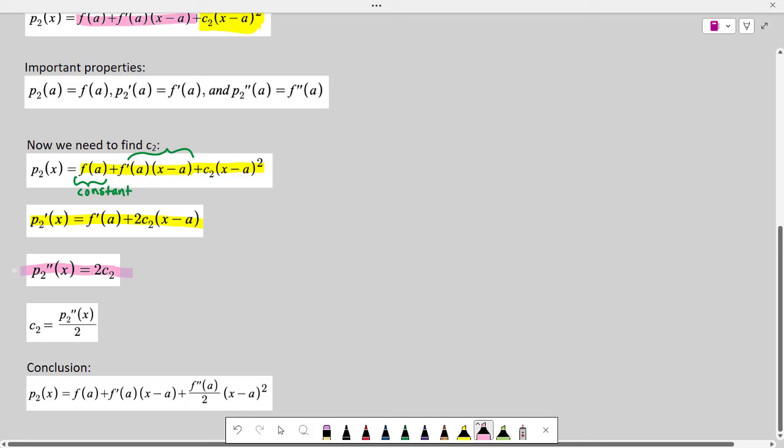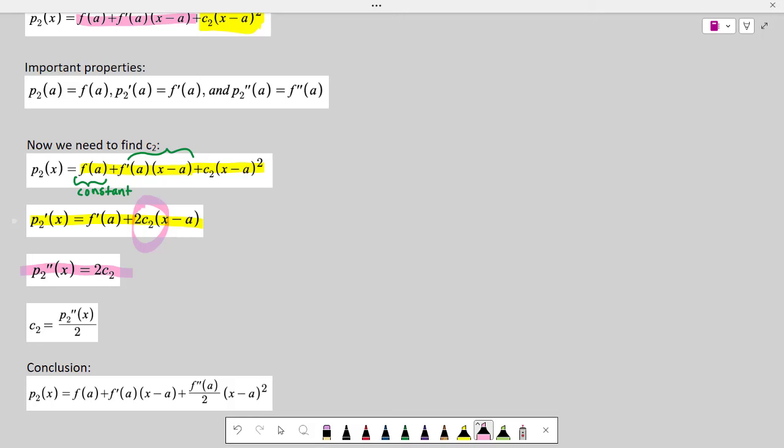That's a constant, so its derivative is 0. This 2c sub 2 distributes to the x, it distributes to the a. When it distributes to the a, that derivative is 0. When it distributes to the x, you now have a linear function there. Its derivative is the coefficient of x, 2c2.